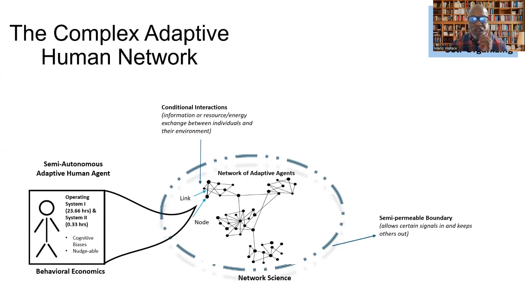Now, as we see here, a network of adaptive agents. All of these dots are considered nodes or agents within the organization. The links are who they communicate with conditionally. And as you can see, there are 1, 2, 3, 4 clusters, or maybe 4.5 clusters here. But from this cluster of people to that cluster of people, there is a line, what we call a bridge, that bridges this social group or department of people to that group.